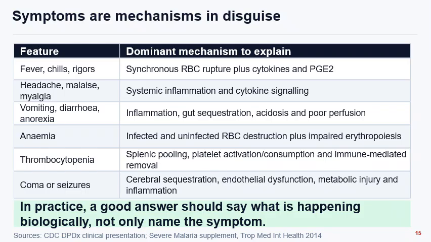So thrombocytopenia may result from splenic pooling, activation, consumption, and immune removal, and it does not automatically mean disseminated intravascular coagulation. Coma and seizure require you to think about cerebral sequestration, endothelial injury, and reversible metabolic contributors such as hypoglycemia. So symptoms and mechanism are made visible at the bedside each time you see a case of malaria.